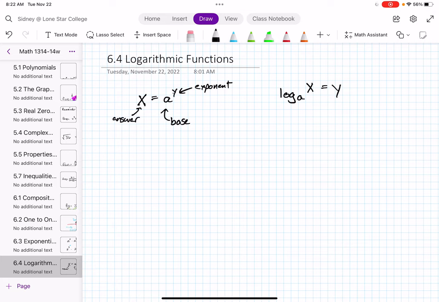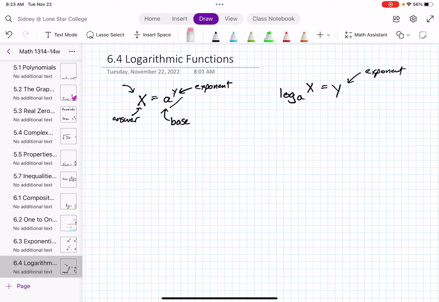Everything has the same meaning it had over in this case. x is still the answer, what we got after we did this computation. a is still the base, but now instead of the answer being what we got when we actually multiplied out all that stuff, the answer now is going to be the exponent. What we're looking for is the exponent. So log base a of x equals y.